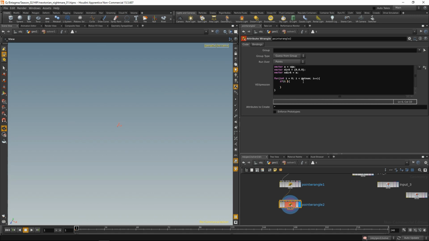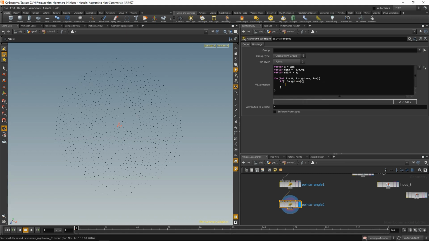If i is not equal to ptnum, then let's do this. And what I want to do first here is calculate the vector pointing to the other particle. I'm going to do that by using the direction A vector that I specified, and just subtracting our other point's position from our current point's position.